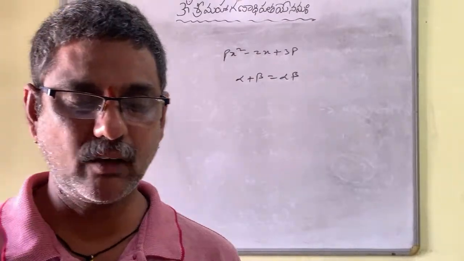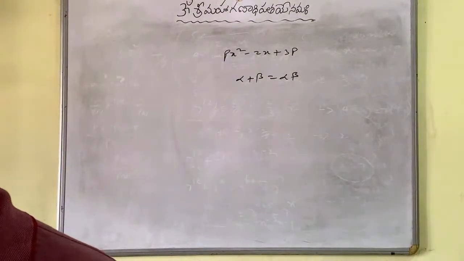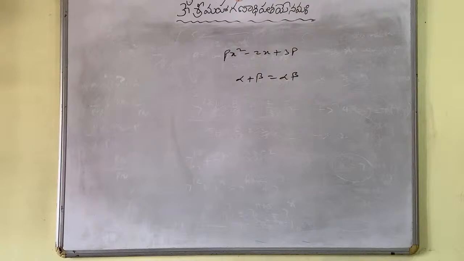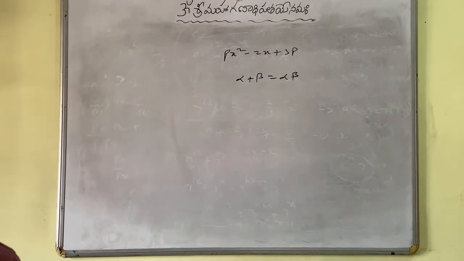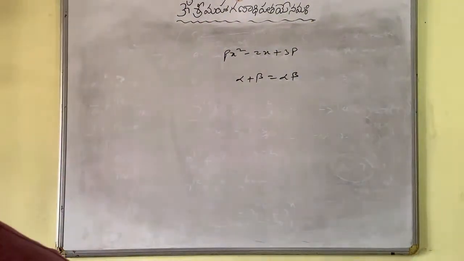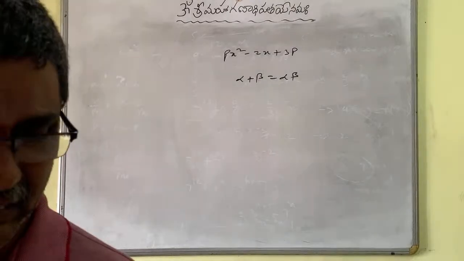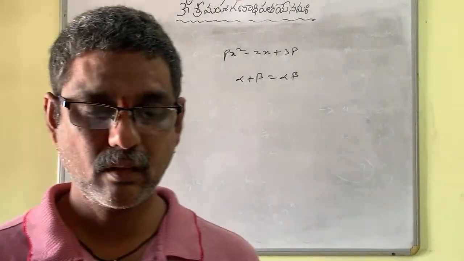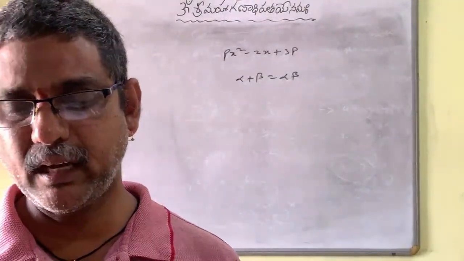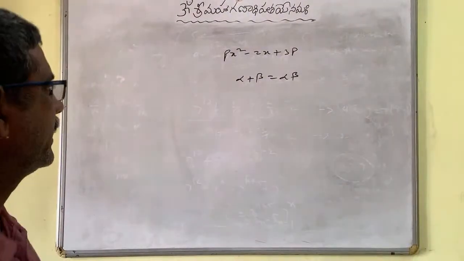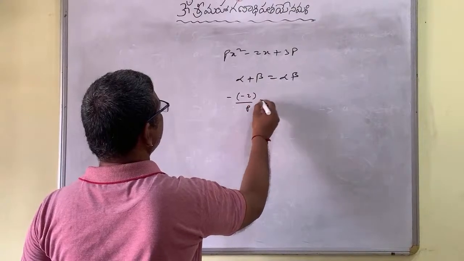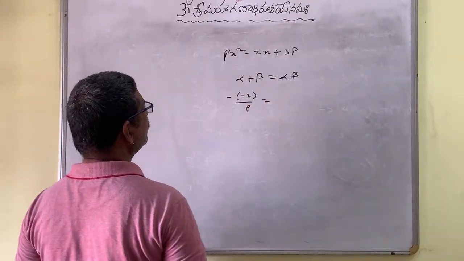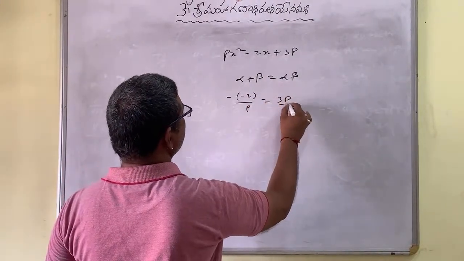Alpha plus beta is minus of minus 2 by p, equal to alpha beta, 3p by p.